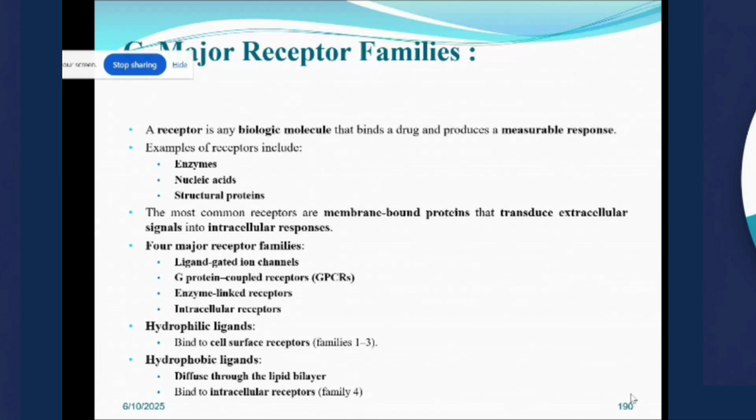We have the ligand-gated ion channels, G protein coupled receptors, enzyme linked receptors, and intracellular receptors. We are noting that hydrophilic ligands bind to cell surface receptors, families 1 to 3, and hydrophobic ligands diffuse through the lipid bilayer and bind to intracellular receptors, family 4.